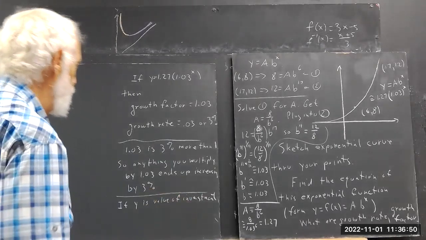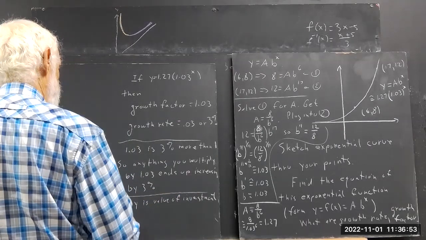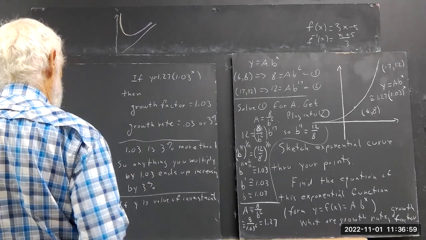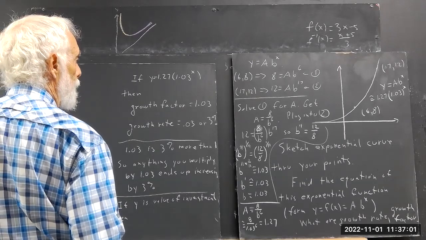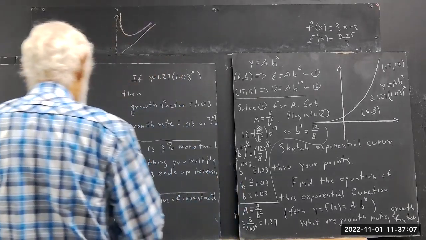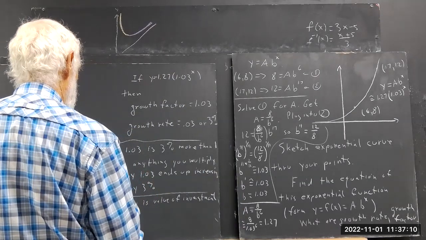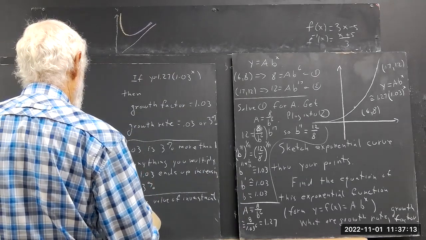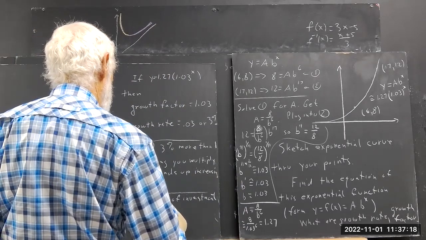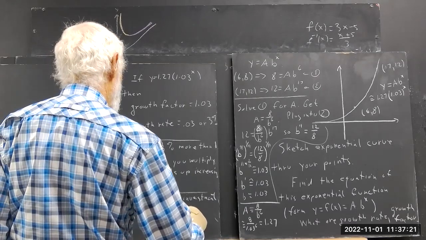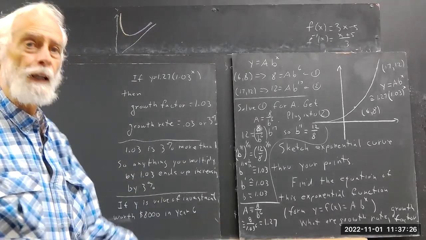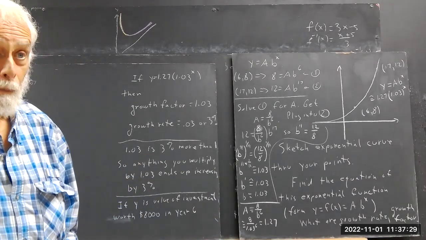So if Y is the value of an investment, and it's worth 8,000, I'd say in year 6, you want to say at a specific time in year 6, but I didn't want to write all that out.